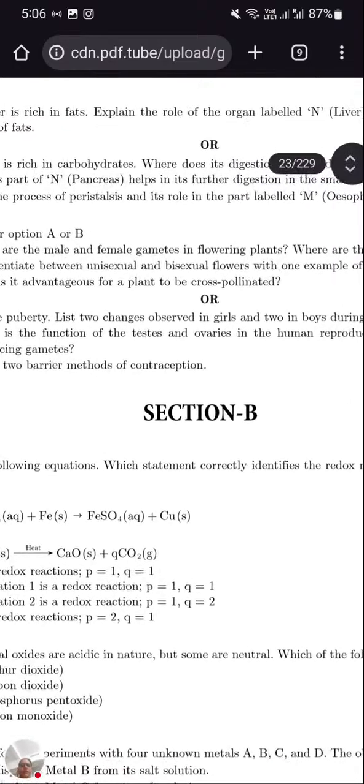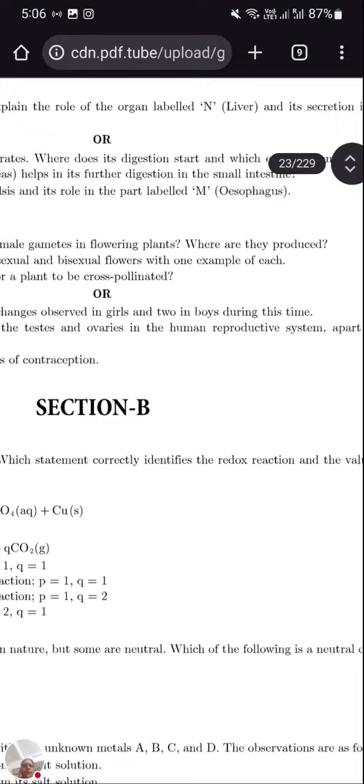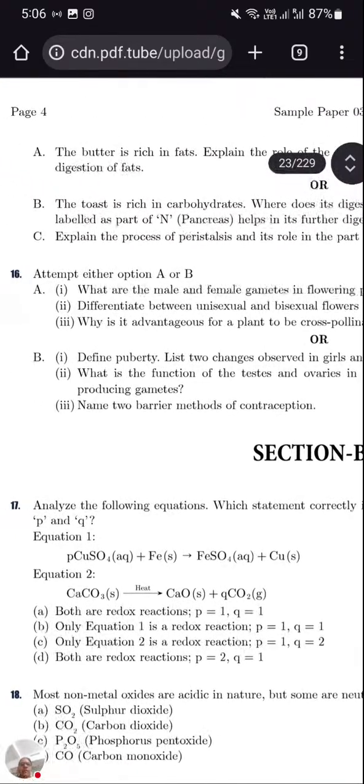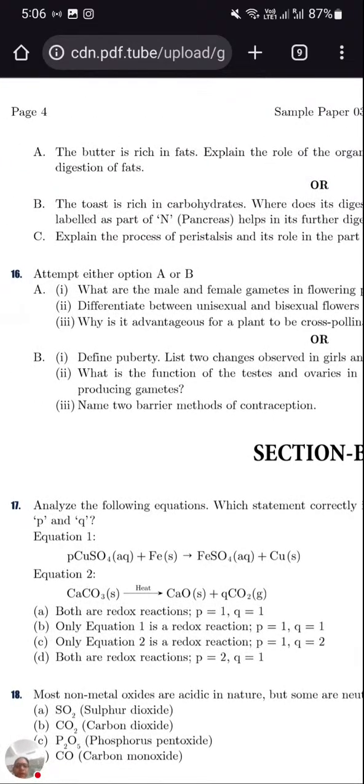The next one: define puberty. List two changes observed in girls and two in boys during this time. It is a phase where the human body gets ready for the development of secondary sexual characters. This onset of adolescence is called puberty.